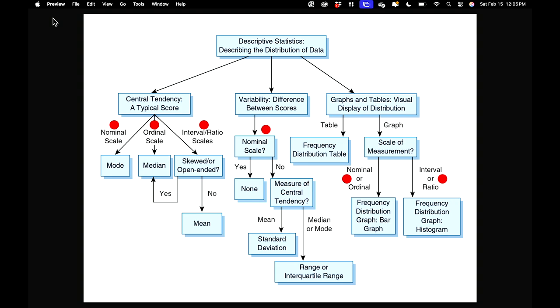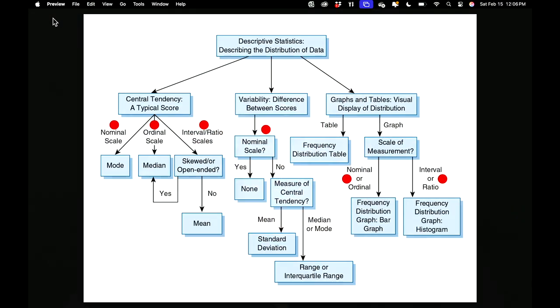If you lined them all up from smallest to biggest, what's the one in the middle? Now, when we look at interval and ratio scales, we can ask what is the middle, the median, but we can also use math and compute the arithmetic mean, which is really the average.